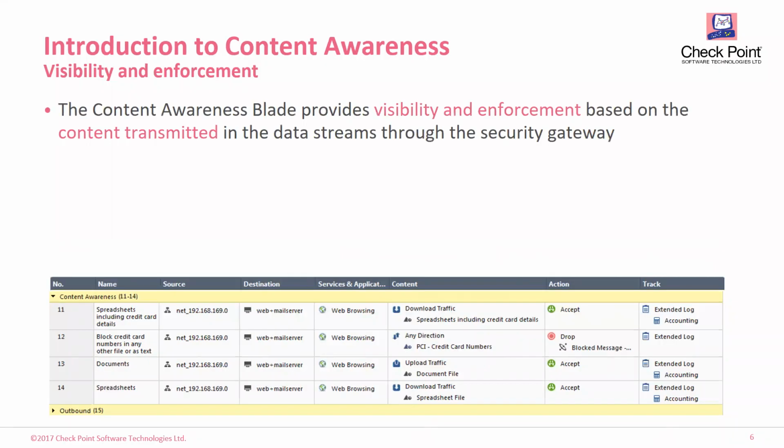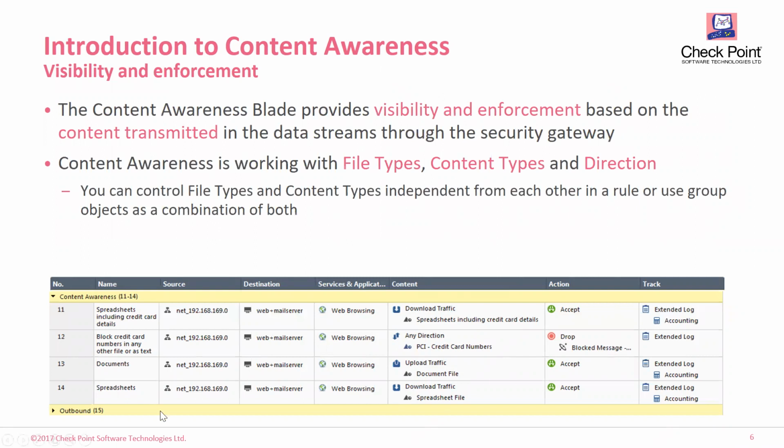So let's look at an example of utilizing content awareness here. These rules say spreadsheet including credit card details. Under the content type, there's download traffic, and then there's spreadsheets including credit card details. So we're saying go ahead and accept that.